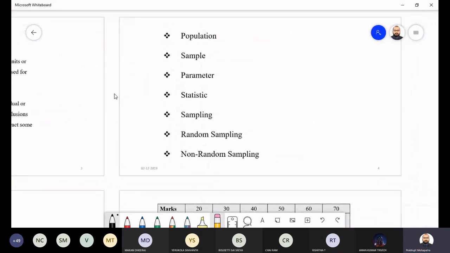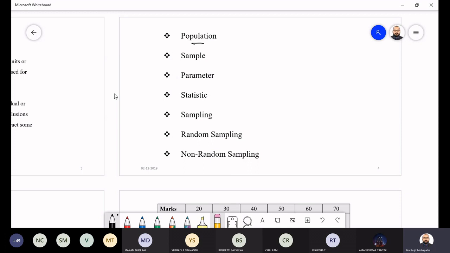You will understand what the meaning of population is when going to the fifth, sixth, seventh module, at that time, the sampling technique. In sampling, population, like I gave one example in the last class. For example, we need to do some survey. In our country we have almost 135 crore or 140 crore people.